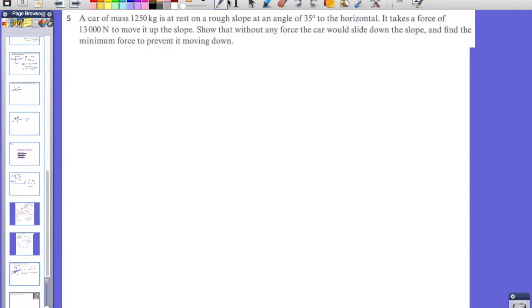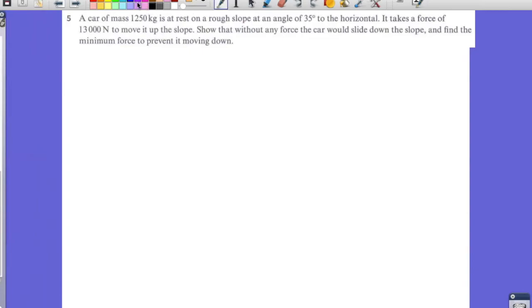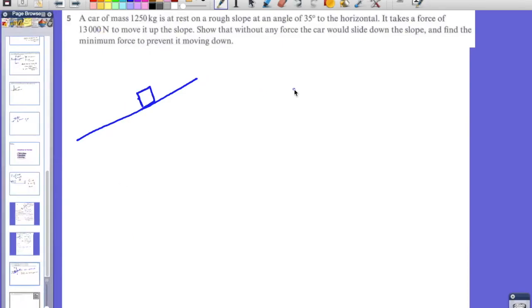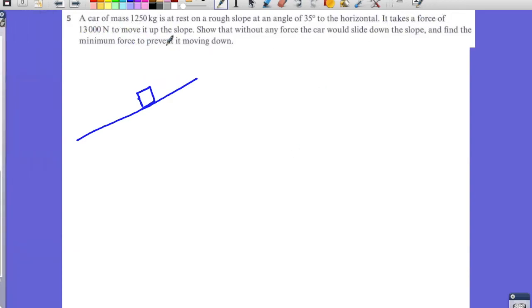So this is the same as question 3. It takes a force of 13,000 newtons to move it up the slope.